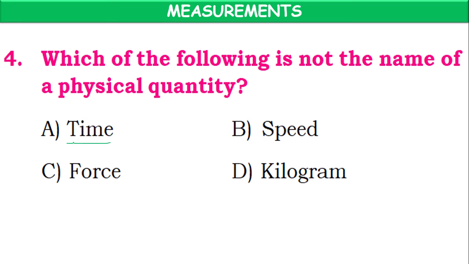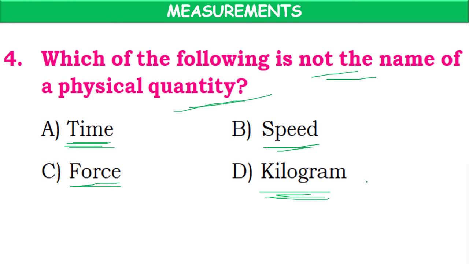Time is a physical quantity whose unit is second, speed is a physical quantity whose unit is meter per second, force is a physical quantity whose unit is Newton. Whereas kilogram is a unit, not a physical quantity. So the answer, not the name of a physical quantity, means kilogram. Option D is correct.